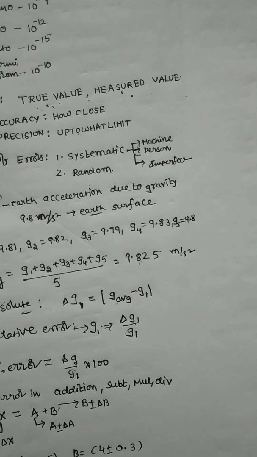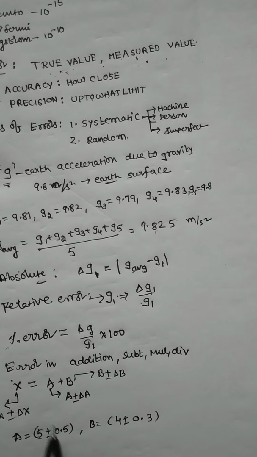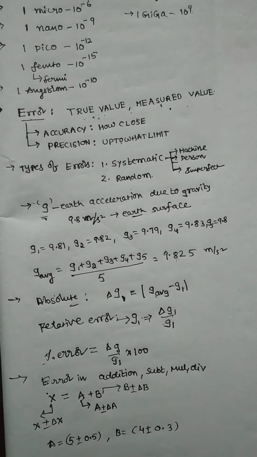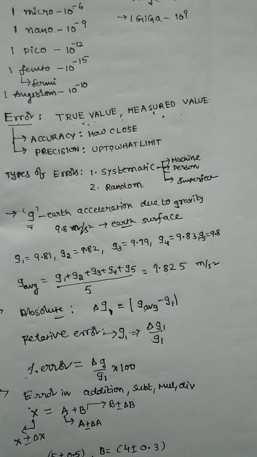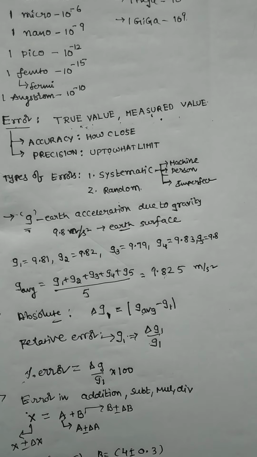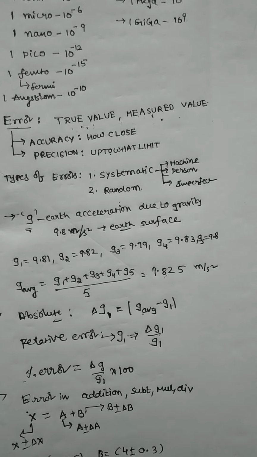Now find the error in the addition of a and b. What is the x value? x equal to a plus b plus or minus delta a plus delta b.